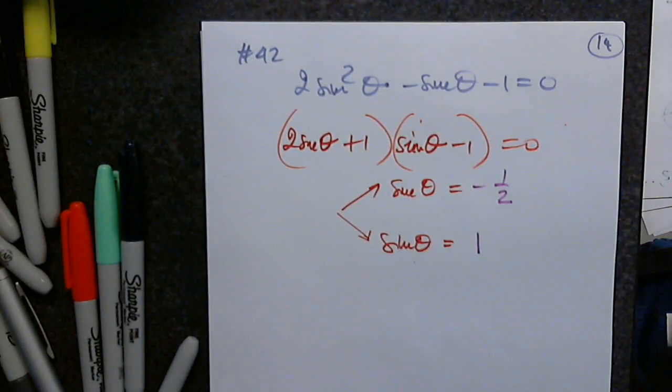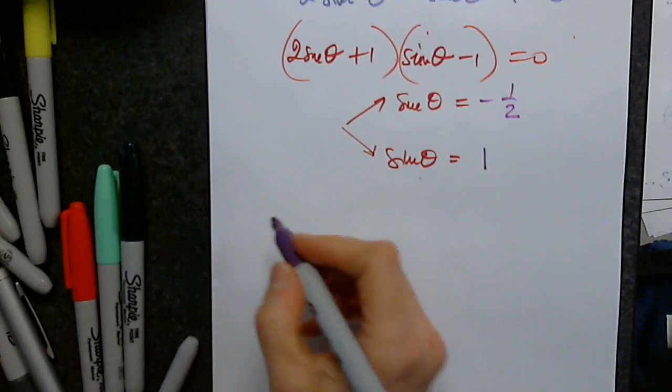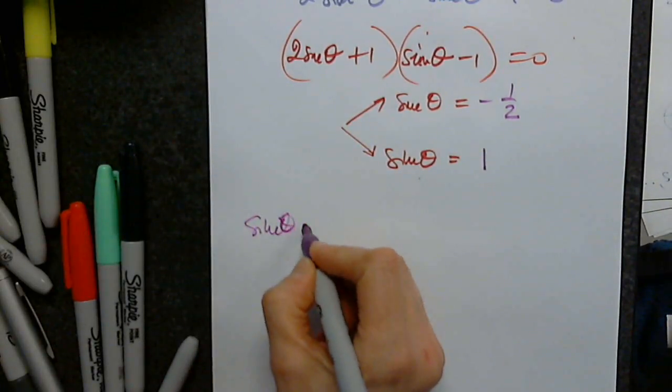The negative 1/2, I have to work hard because I have to find angles that end where? Exactly. But what about sine theta equals 1? There is only one option. Well, infinitely many angles, but one option. Okay, so let's start with the first one. Sine theta equals 1.